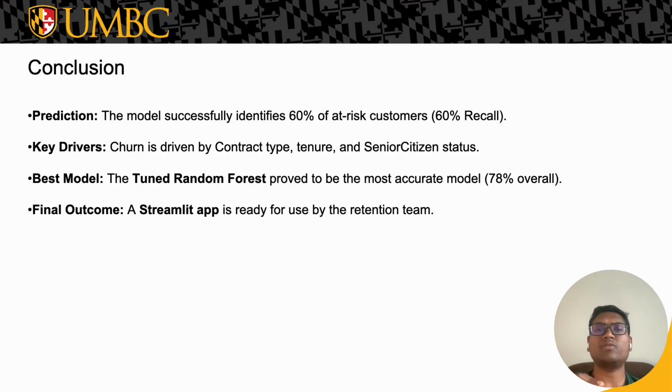The tuned random forest proved to be the most accurate and effective model with a final test accuracy of 78%. And a Streamlit application is built and ready for use by the retention team to get proactive predictions.